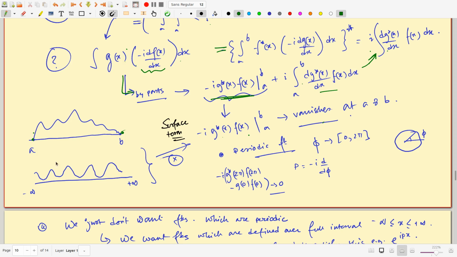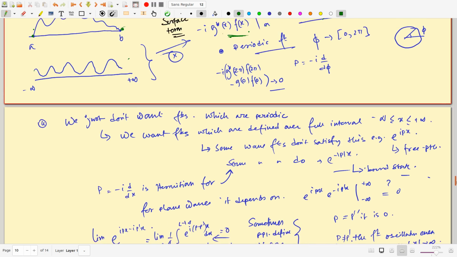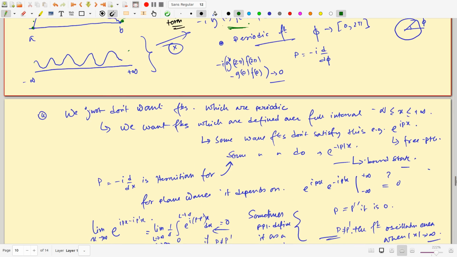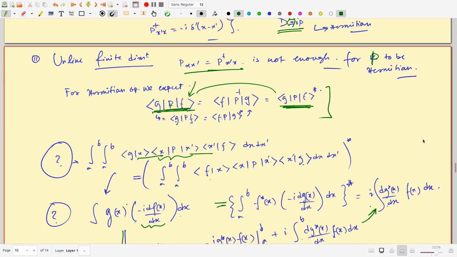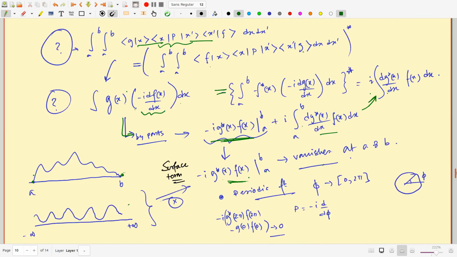If my function is something sinusoidal, even if I take a and b to be infinity, the function is not 0, then this term will have some contribution, and these two things will not be equal. So this hermiticity requirement will not satisfy the requirement that the expectation values are real numbers.